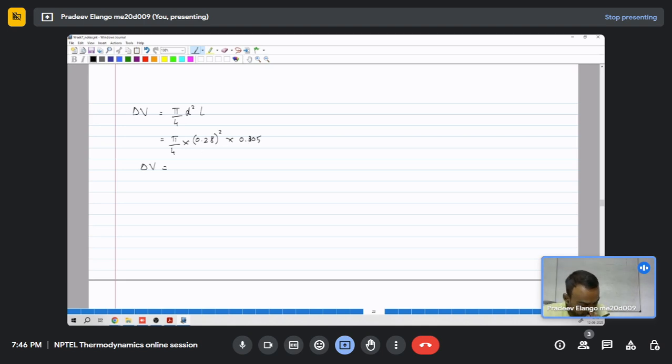Can you calculate delta V? It's coming as 0.018 meter cube.